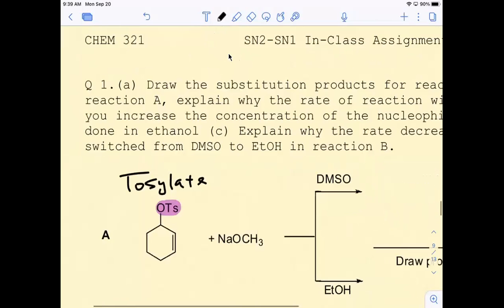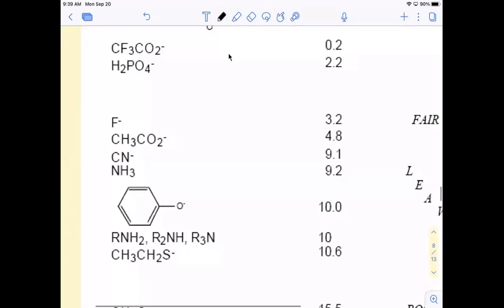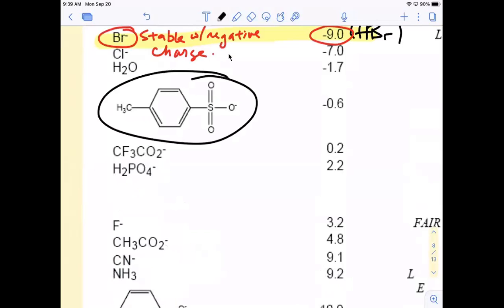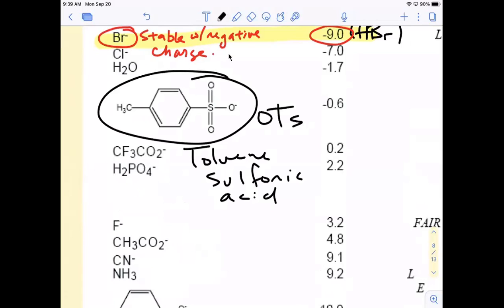If we go up on our list, it's right here. Where is it? Toluene right here. It says OTs, toluene sulfonic acid. But for short, we call it a tosylate.